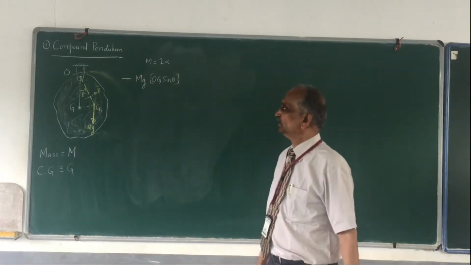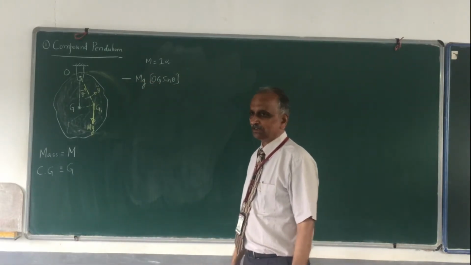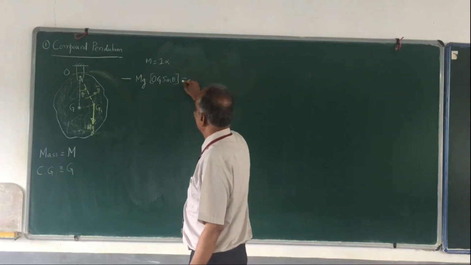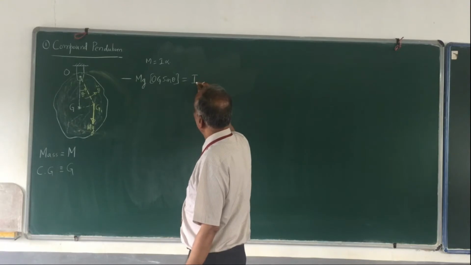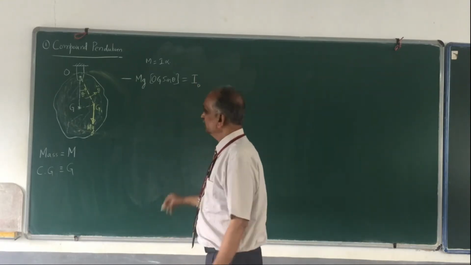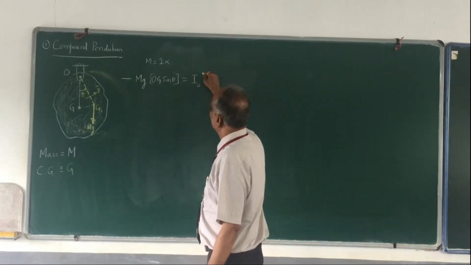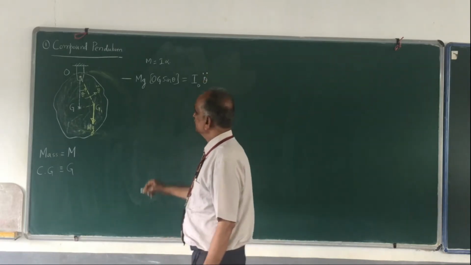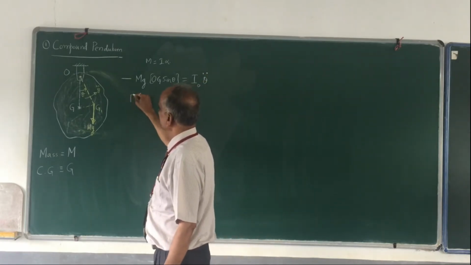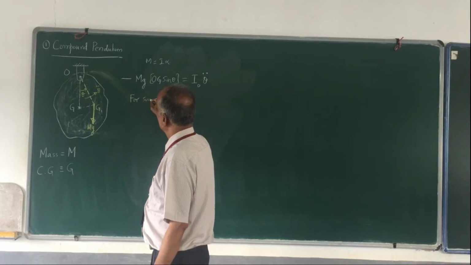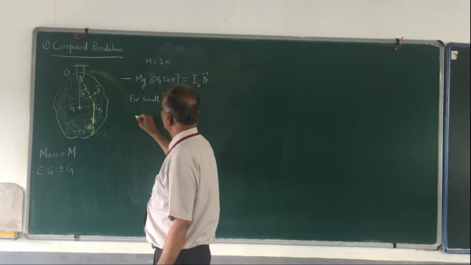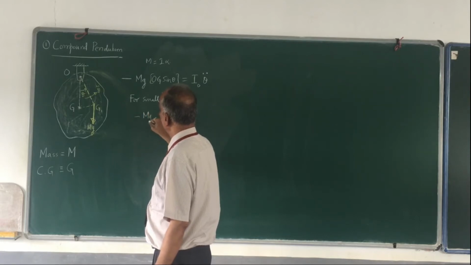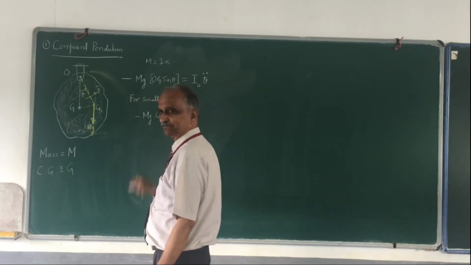Minus mg into OG sin theta is equal to I about O, the moment of inertia about O, into theta double dot. For small theta, this becomes minus mg into OG into theta.